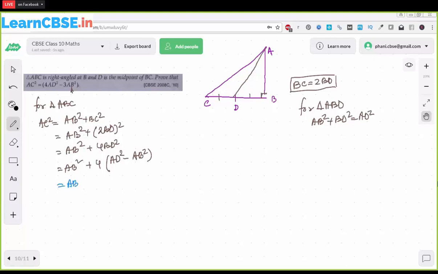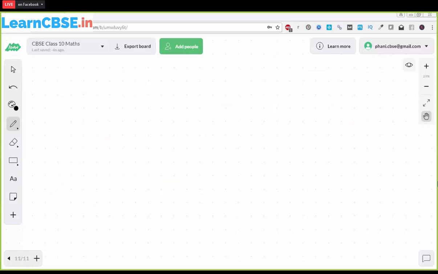So AB square plus 4AD square minus 4AB square. So AC square equals 4AD square minus 3AB square. So that is what I needed to prove. Next question.